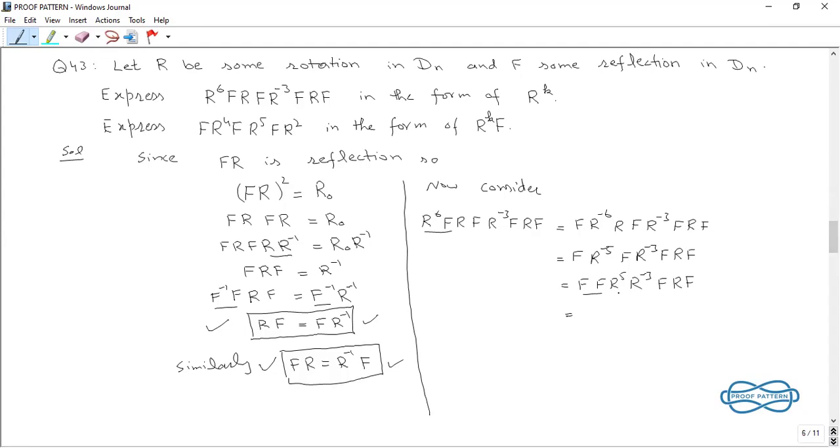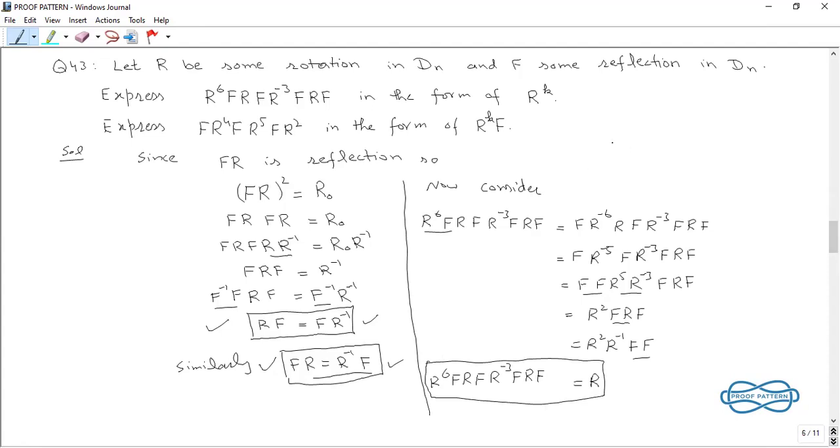So we combine this, we will get R square FR and F. Okay, this FR will be equal to R inverse F. So this will be R square R inverse F and F, and this F square will be identity, and we will get only R. So R^6 FR FR^-3 FRF is equal to R, and that is what we want to prove.